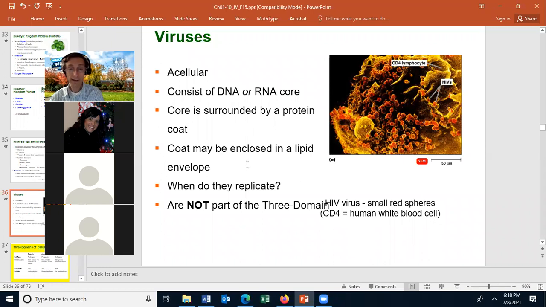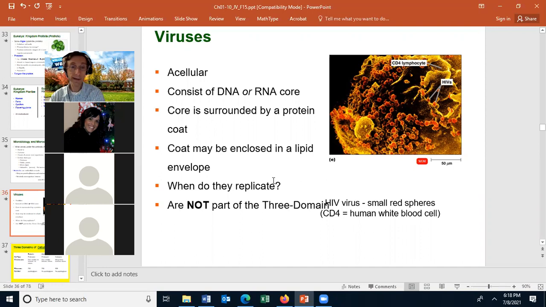So when it's outside the host cell, it is not metabolically active, it is not actively replicating. And it's only when it's inside its host cell that it can be metabolically active and actively replicating.